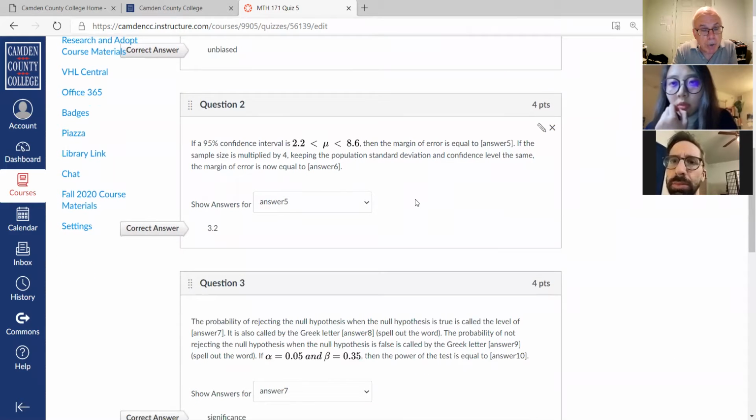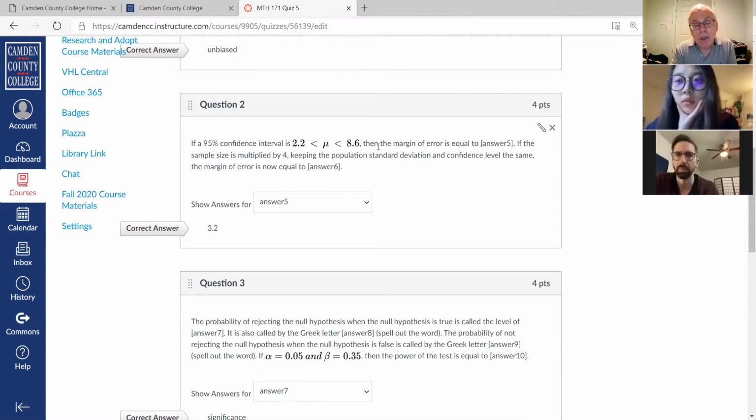Now this one here is where I think people ran into some trouble. When you calculate a confidence interval using formulas, the margin of error is added to and subtracted from the sample mean in this case.